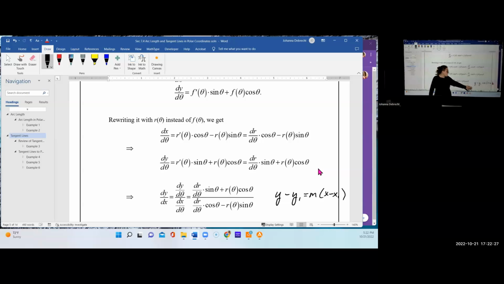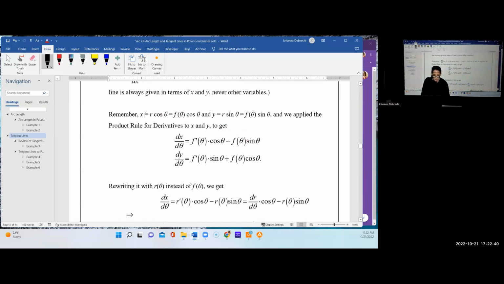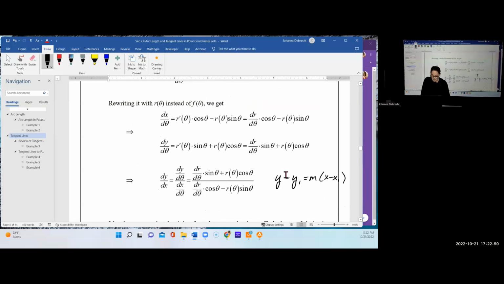So we'll also need to come up with a y1 and an x1 at the particular point where we're finding the tangent line. And in order to find those values, we're again going to come back up here to our two definitions, x equals r cosine of theta and y equals r sine of theta. And we'll use those to find x1 and y1. Then we'll plug them into this point slope form of a line, and that will give us the tangent line.